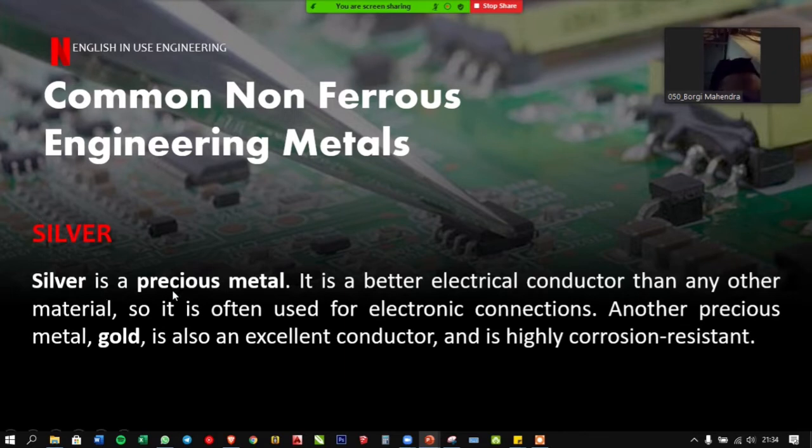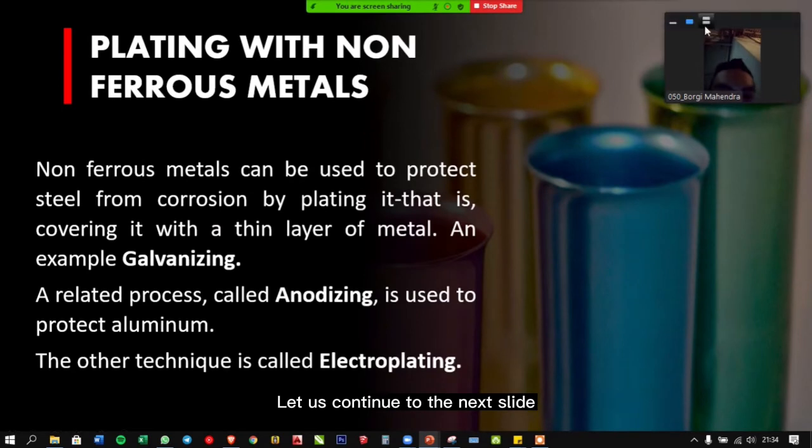Silver is a better electrical conductor than any other material, so it is often used for electrical connections. Another precious metal, gold, is also an excellent conductor and is highly corrosion resistant. Let us continue to the next slide.